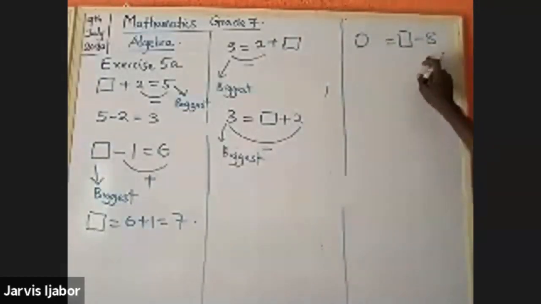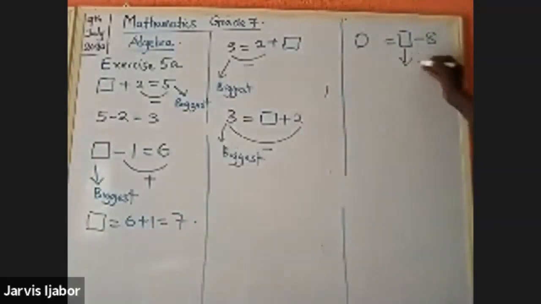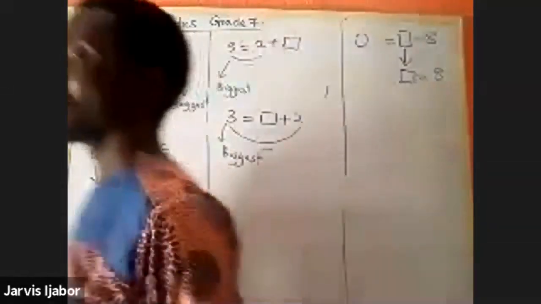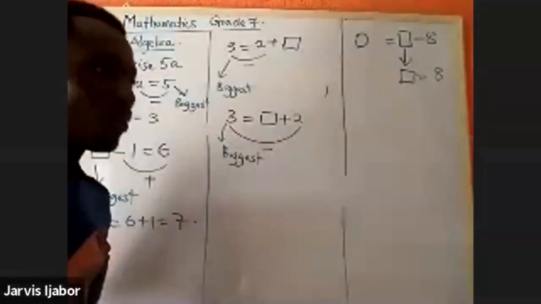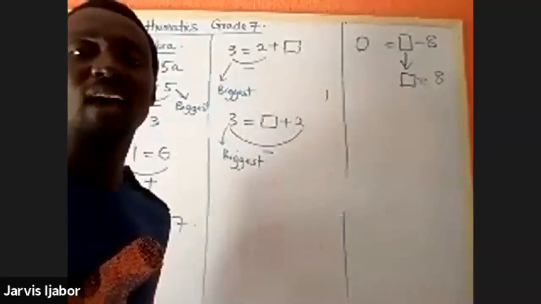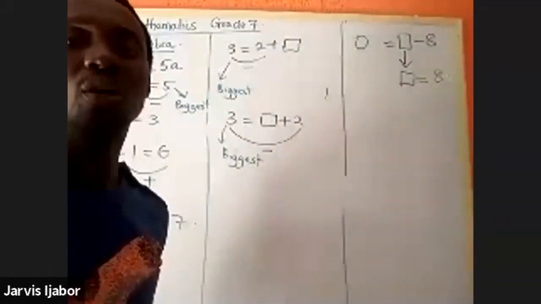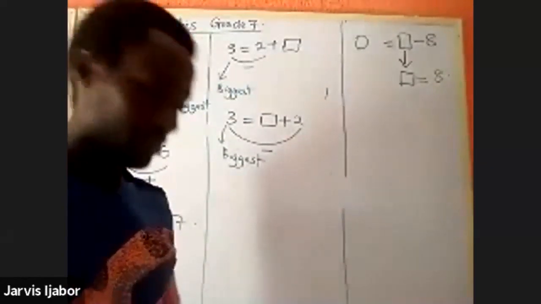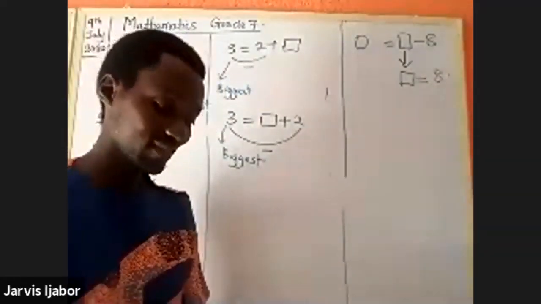If you have this kind of setting, this number, box, automatically is equal to 8. The only way you get 0 when you subtract is when you subtract numbers that are what? Identical.